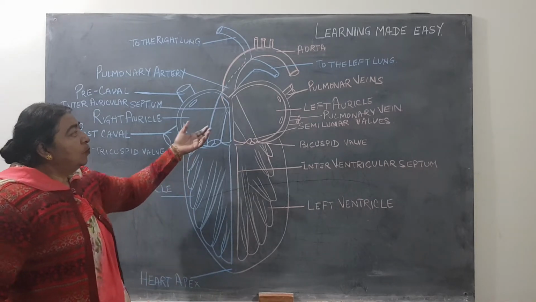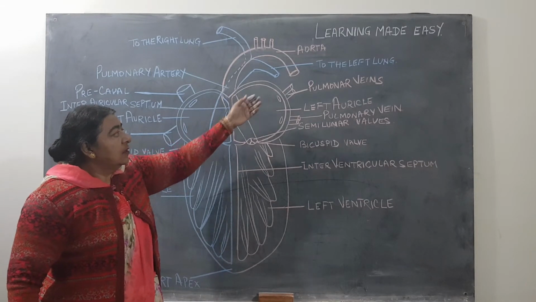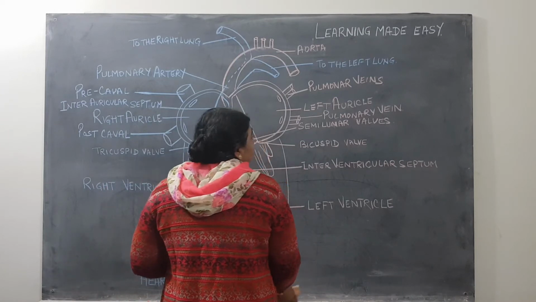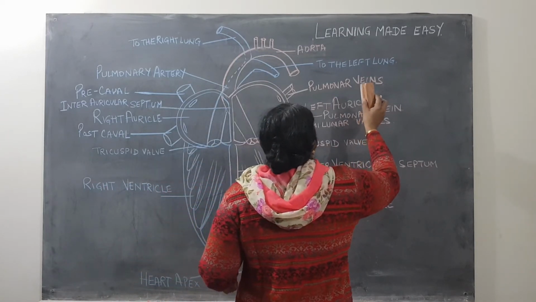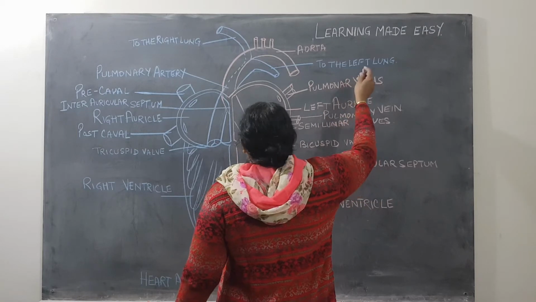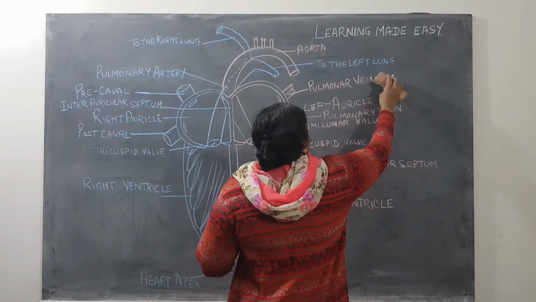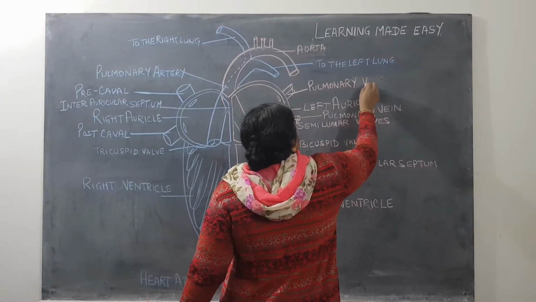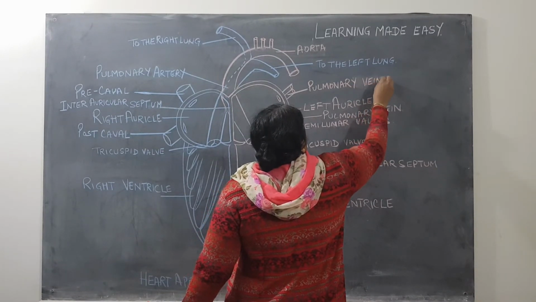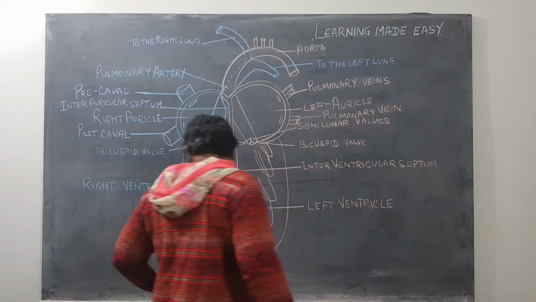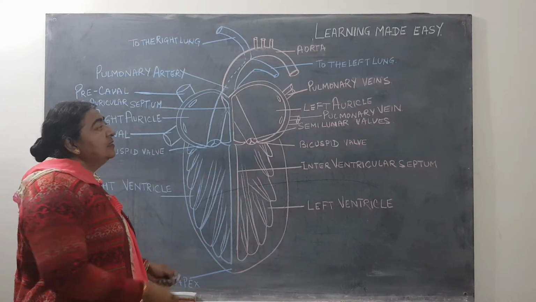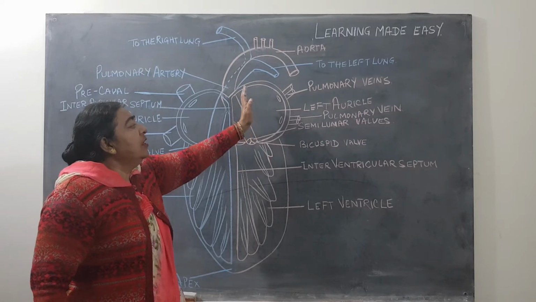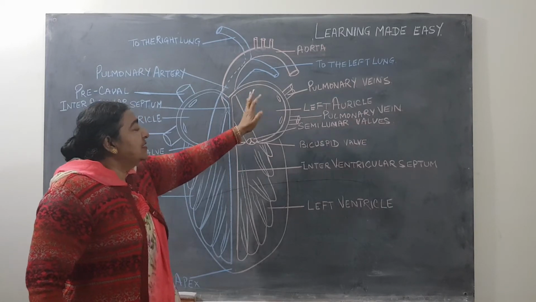Now when both veins bring blood from the lungs and pour the oxygenated blood into the left auricle.